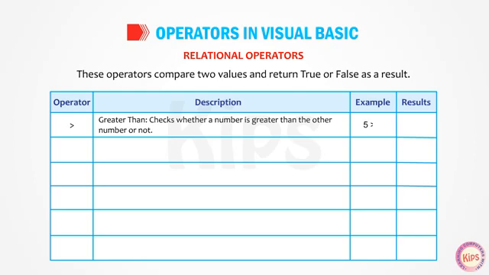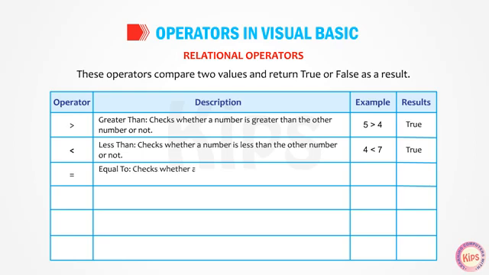Example, 5 > 4, result true. Less than checks whether a number is less than the other number or not. 4 < 7, true. Equal to checks whether a number is equal to the other number or not. 4 = 5, false.